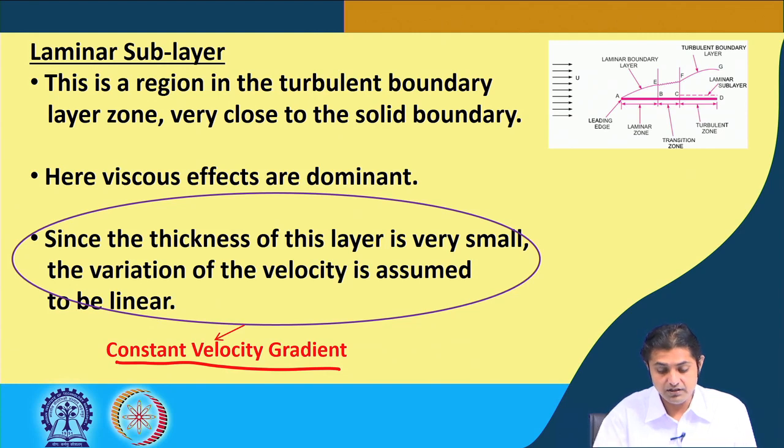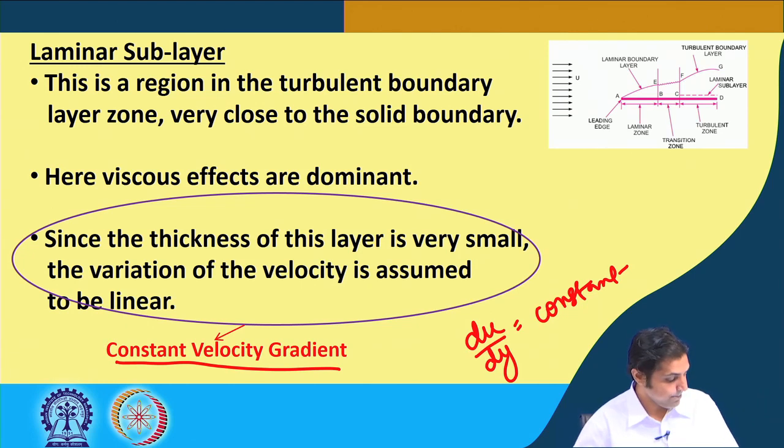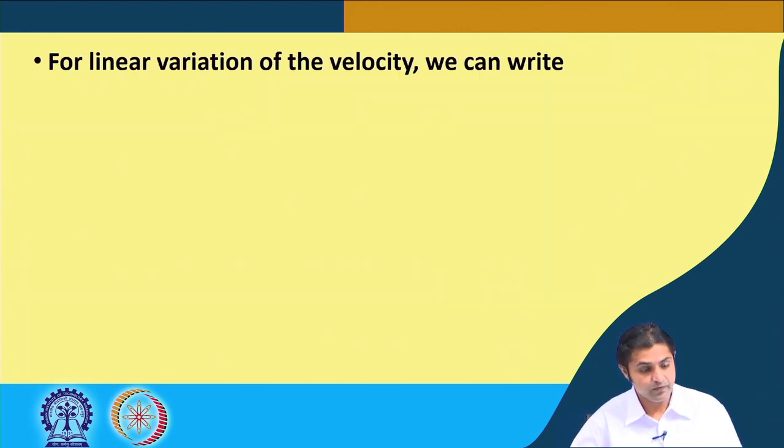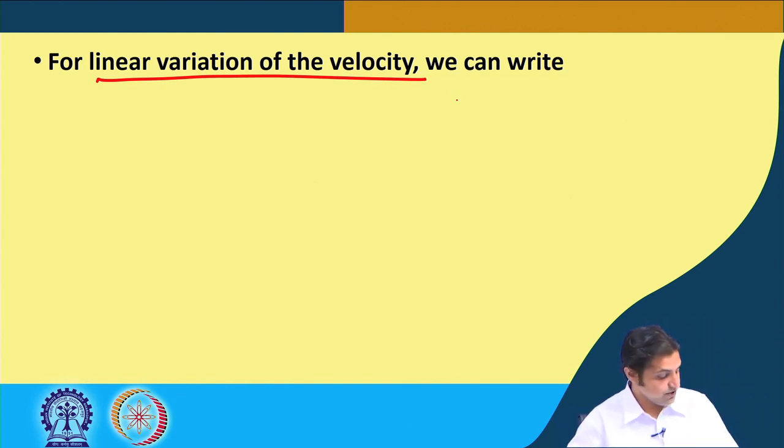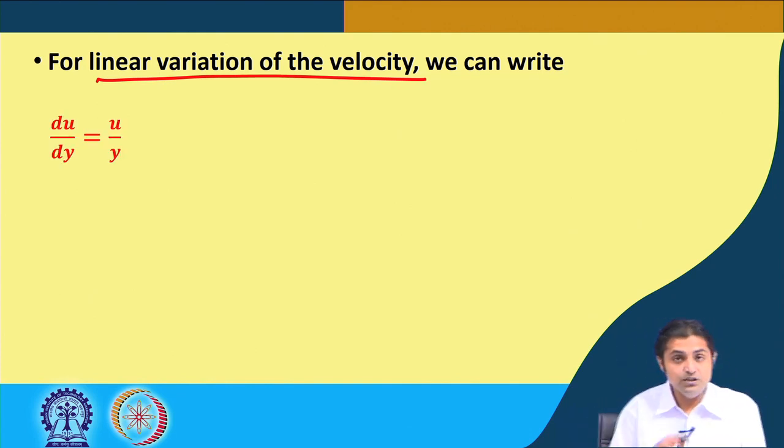So, the velocity gradient du by dy is constant. Okay. Therefore, for linear variation of velocity, we can write du by dy is equal to u by y.